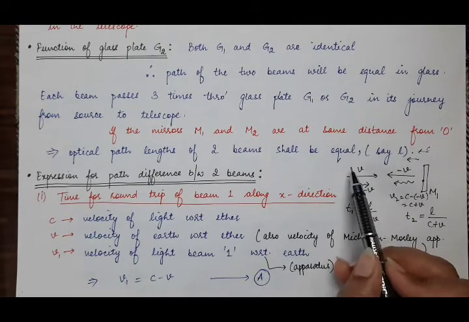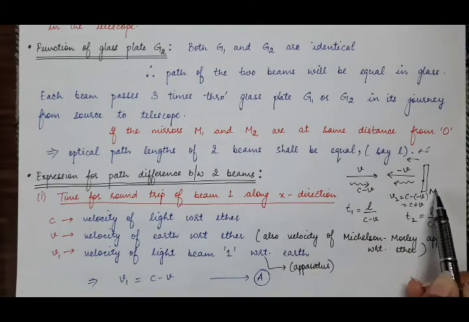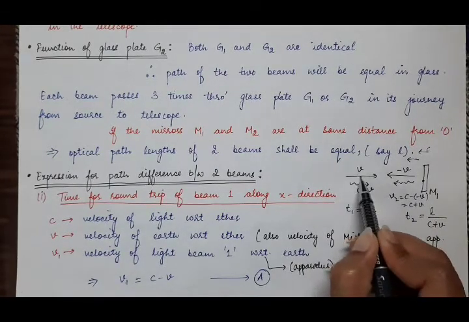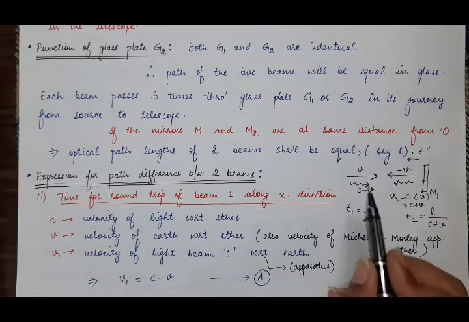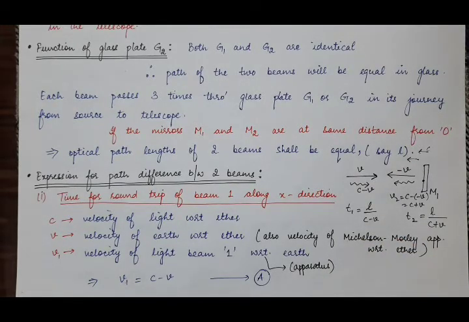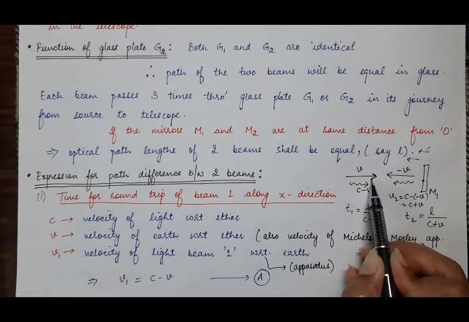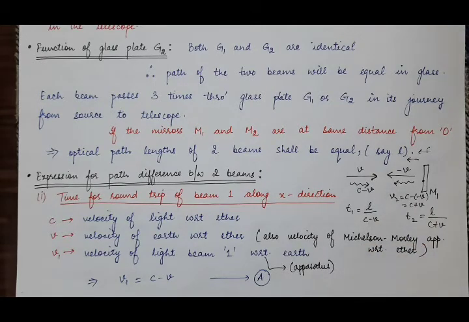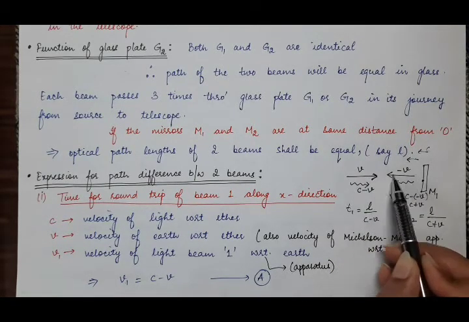Initially, beam number 1 is moving from glass plate G1 to mirror M1. It means it is moving in this direction. Now, Earth is also moving along this direction through medium ether, and this Earth will face ether wind of equal and opposite velocity in the opposite direction.